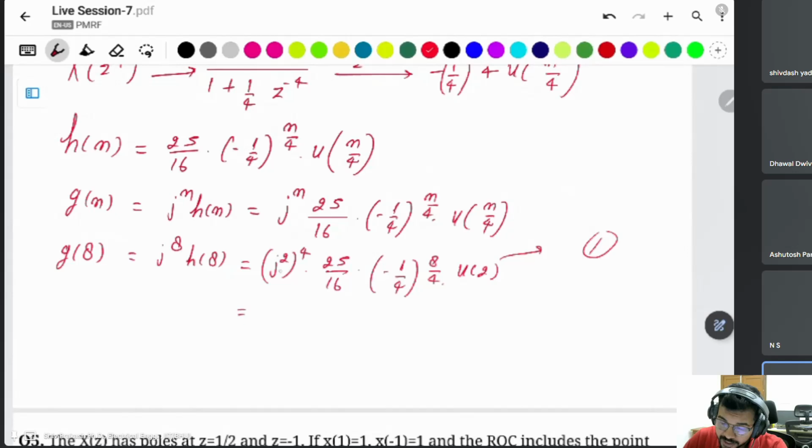This will be j square. J square is equal to minus 1 to the power of 4, it will be 1. Then this will be minus 1 by 4 to the power of 2, it means 1 by 16, plus because of the square, into 1. It means 25 divided by 16 into 16, it means 256.